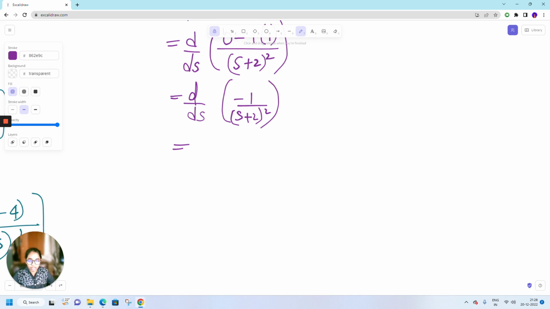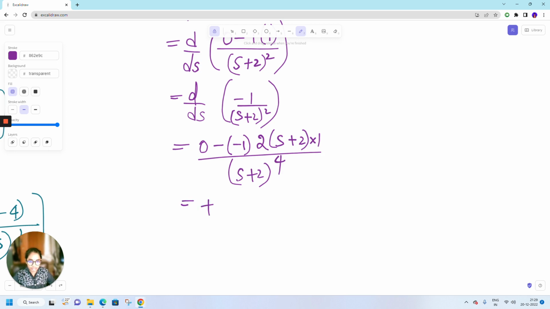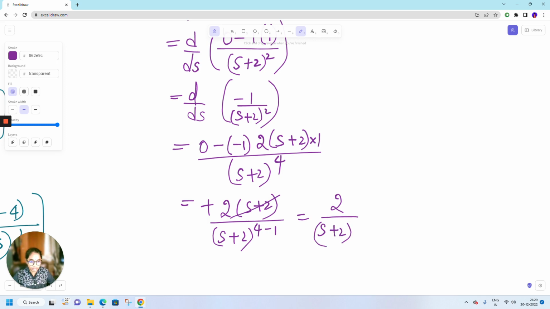The numerator is 0, right? Denominator would be minus of, numerator as it is, differentiate the denominator, that is 2 into s plus 2, and differentiation of s plus 2 is again 1, divided by s plus 2 whole power 4. So I have minus into minus, 2 s plus 2 divided by s plus 2 whole power 4. So this cancels and you get, answer is 2 divided by s plus 2 whole cube.